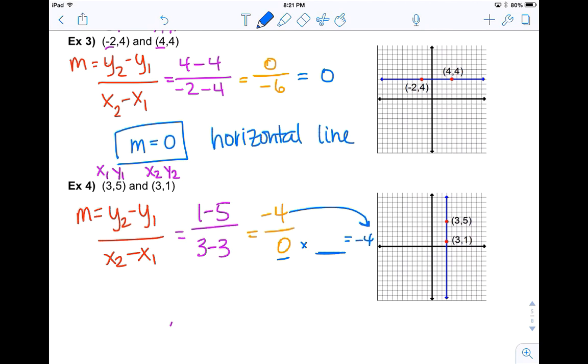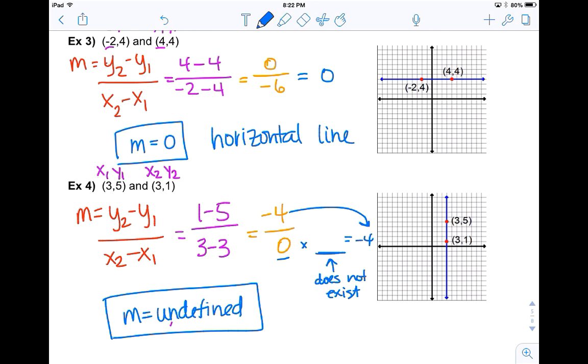So it is impossible to find a number when you multiply it by 0 that's going to equal -4. So this number does not exist. Okay? So anytime we divide by 0, our slope is going to be undefined. Since it is impossible to divide by 0, our slope then is undefined.